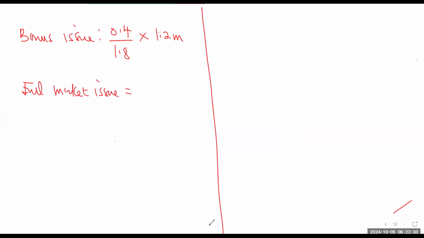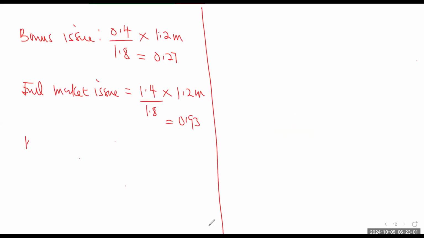That will give us 1.4 divided by 1.8 multiplied by the 1.2 million shares. What are we getting for the first one? 0.27. So we have 0.27. And the second one is what? 0.93. Okay, so this is what you do over here.